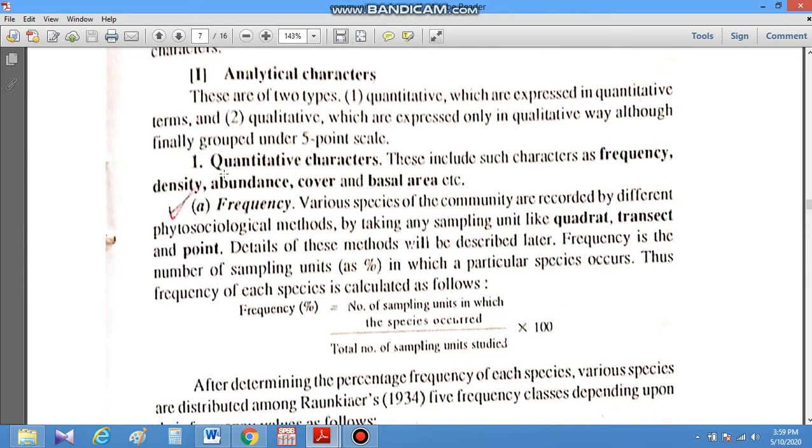Here we have discussed the quantitative characters, through which we can have an idea about the community: how much frequency is there, how much density is there, what is the abundance, what is the cover and what is the basal area. In the next lecture we will discuss the qualitative characters, which are under the head of analytical characters.